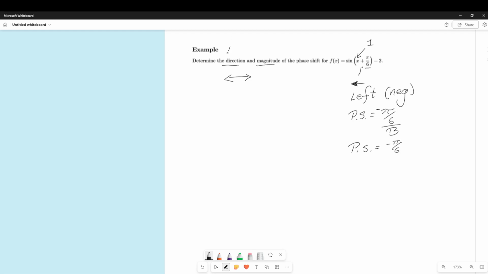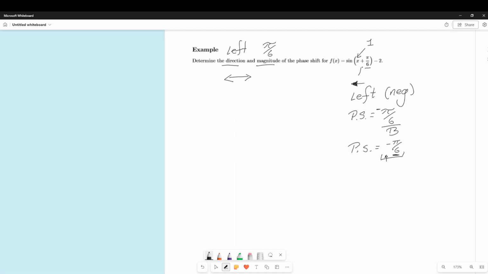So what direction? Left. What magnitude? Magnitude is a raw value of how far. So the magnitude we'd say is positive pi over 6. Saying the phase shift is negative pi over 6 combines those two pieces of information. How far? Pi over 6. In what direction?